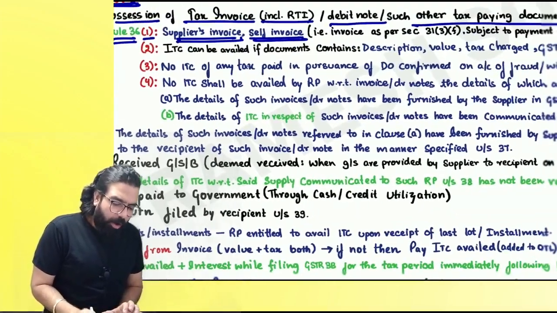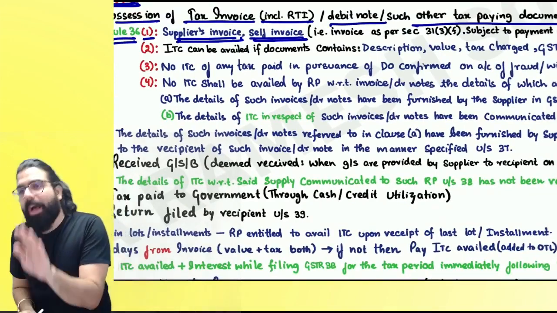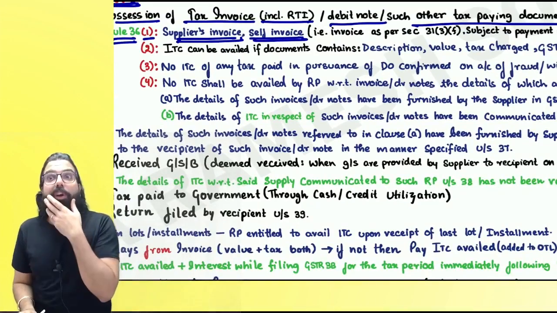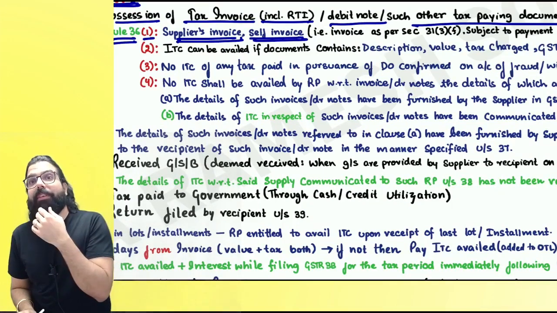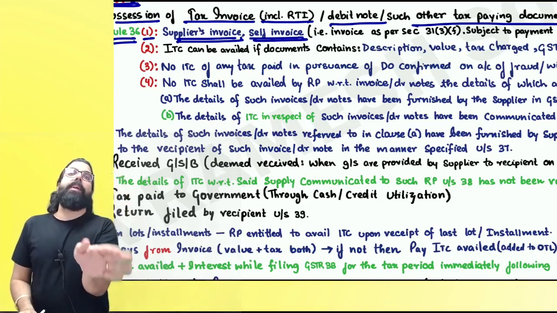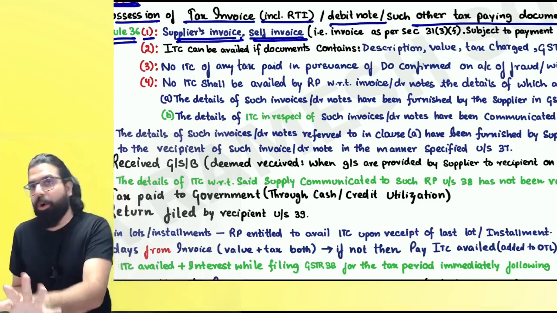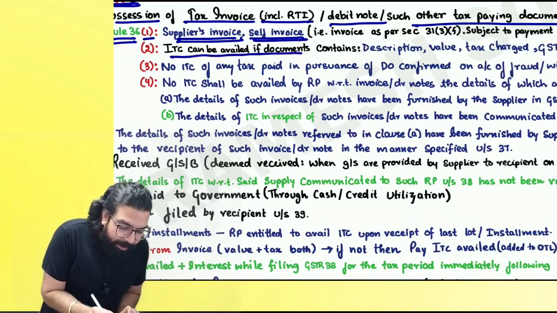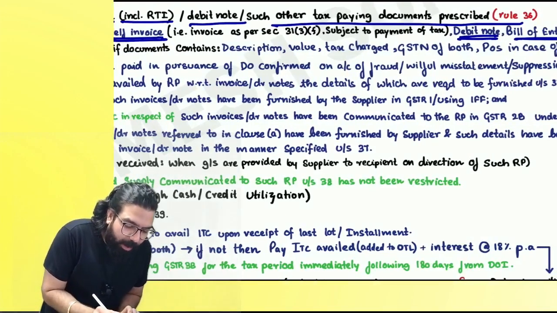The next one is, always remember, the document should have all the details. Only then can you take the credit. But supposing your document does not have all the details, can you not take the credit? The government told you can take the credit on the basis of the document if the document contains what, everyone?